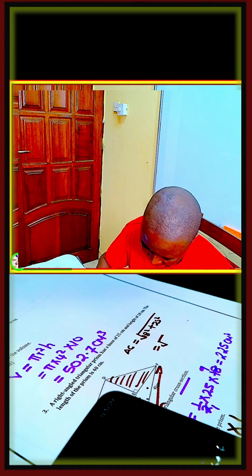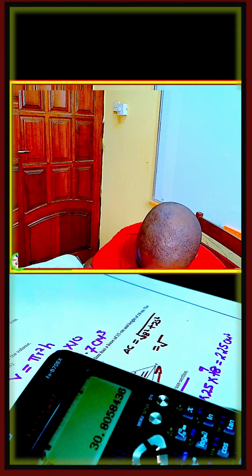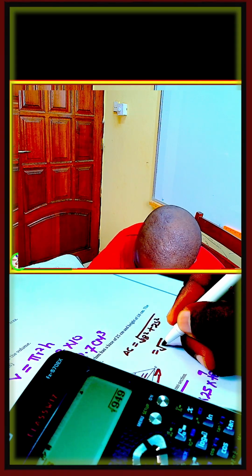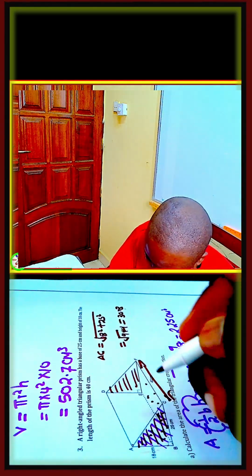We just work it again. 18 squared plus 25 squared, then we find the square root of 949, which is 30.8. So 30.8 is this side here.